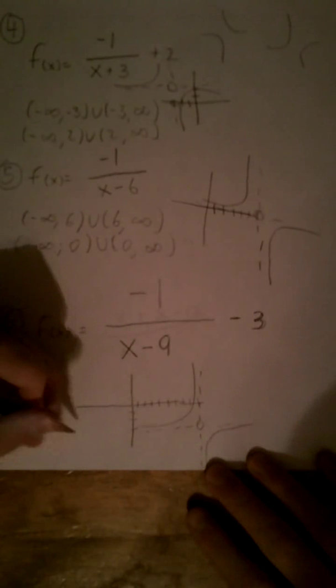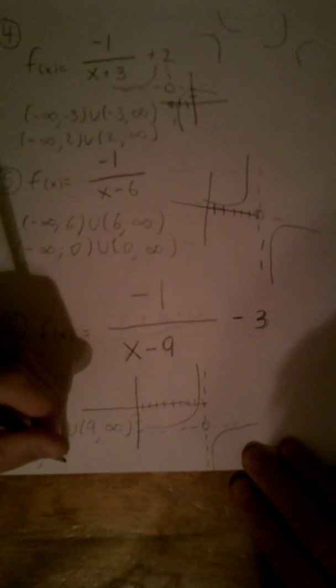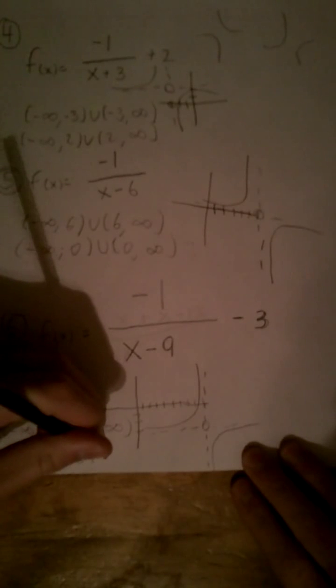And then the domain and range is negative infinity to 9, union 9 to infinity, and then the range will be negative infinity to negative 3, union negative 3 to infinity.